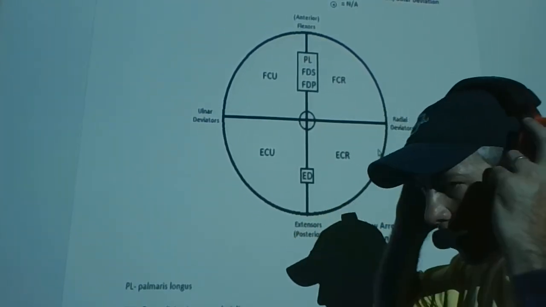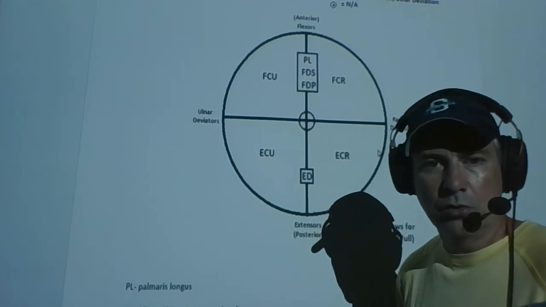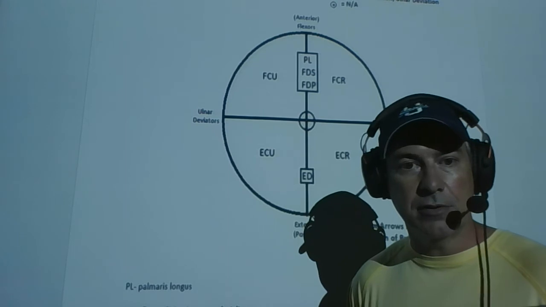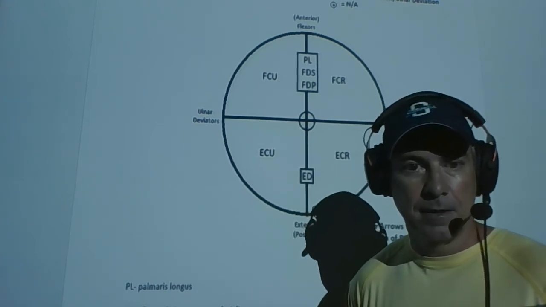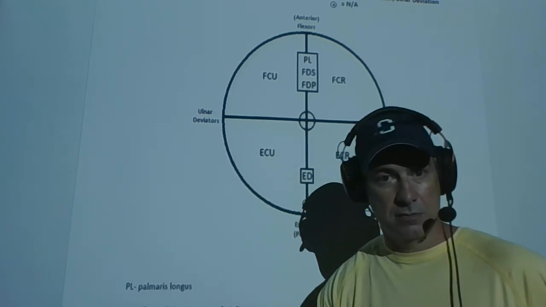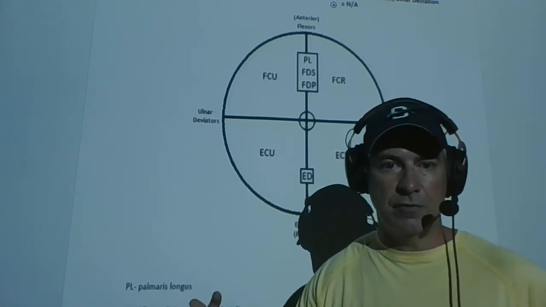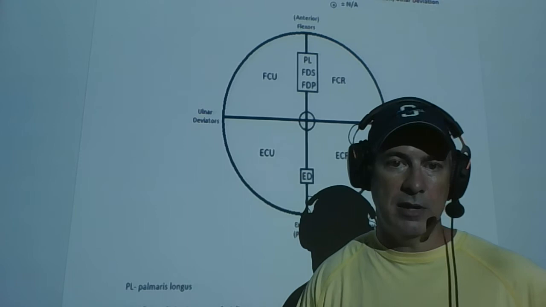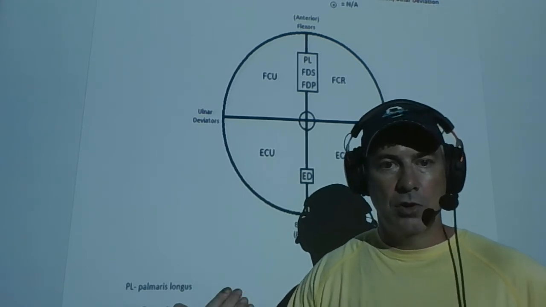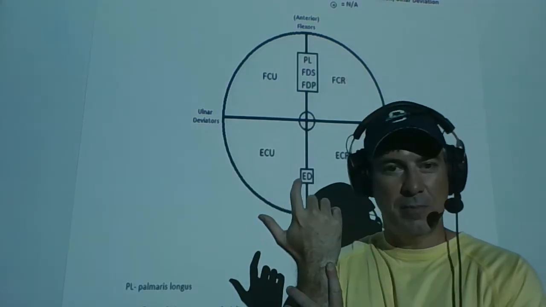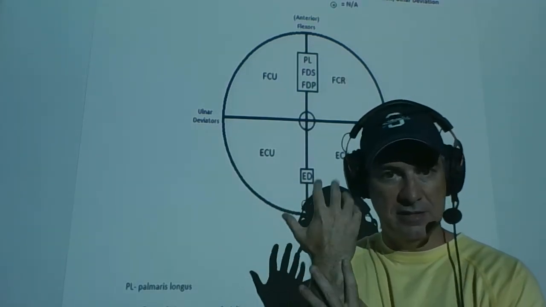So rapid fire. Who are your wrist flexors? They are all the muscles that cross anterior to your wrist. Palmaris longus, flexor digitorum superficialis, flexor digitorum profundus, flexor carpi ulnaris, flexor carpi radialis. What are your extensors? The ones I'm holding you accountable for. Extensor carpi ulnaris, extensor carpi radialis, extensor digitorum.